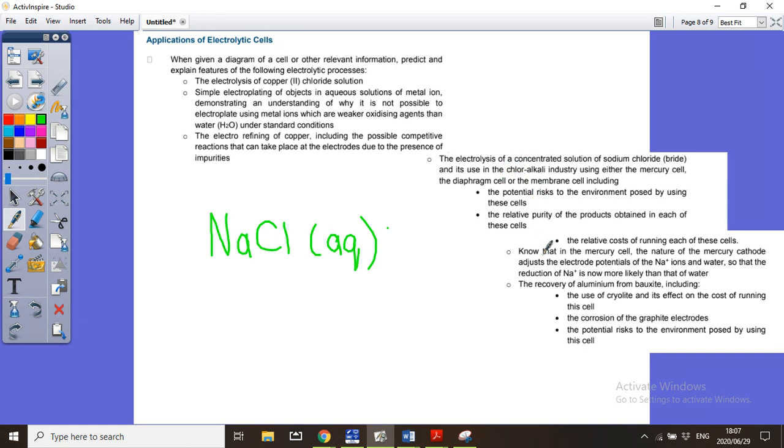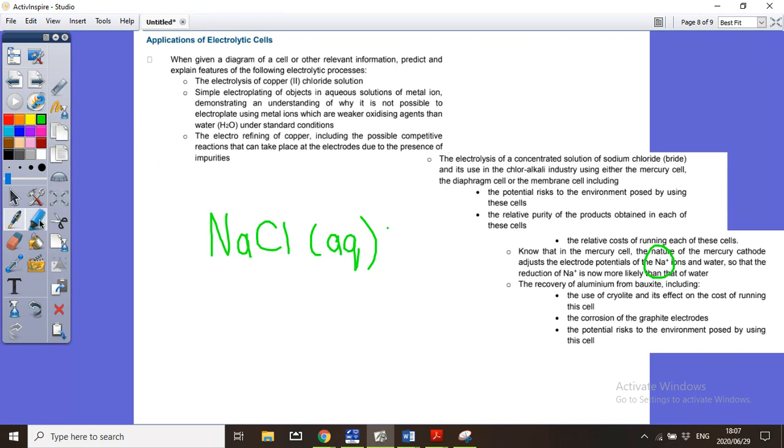We don't really use the mercury cell anymore, but in the mercury cell, the sodium ions actually go and dissolve in the mercury. And therefore, the sodium ions will actually be the reaction at my cathode and not the water. So you also need to note that in the mercury cell, there's a different reaction taking place. Aluminium, I've already mentioned.